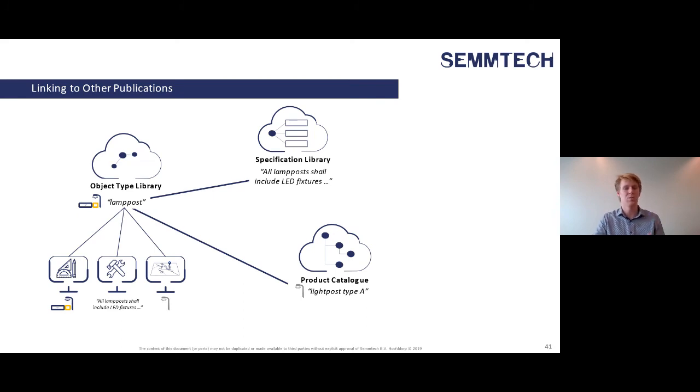So I can still say that everything I have on my application, on my projects or in my assets is still according to my own lamppost, but I am using these norms or requirements to which my lamppost should comply as well. And even though I want something which is a lamppost, I am building lampposts of this particular type according to this product catalog specifically somewhere on the map.